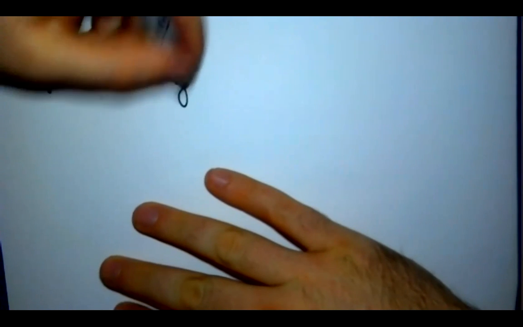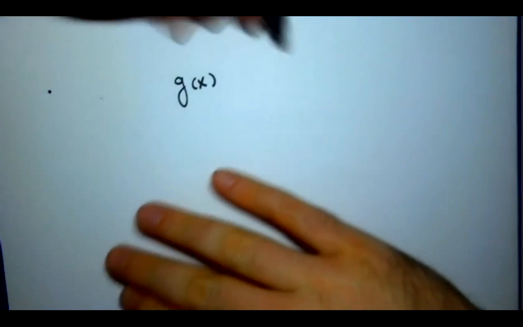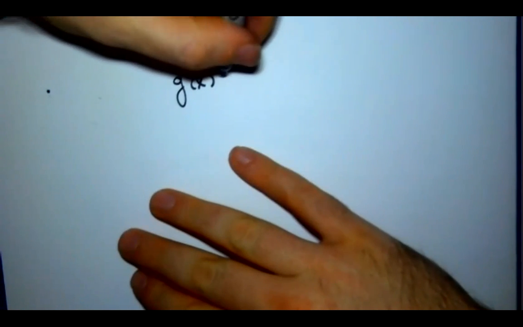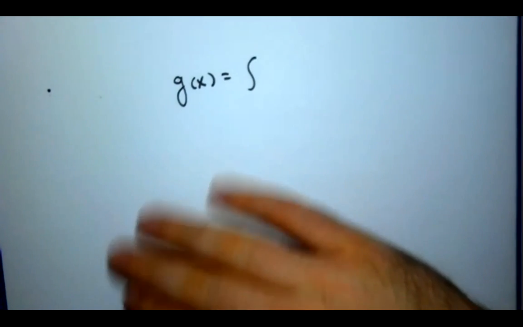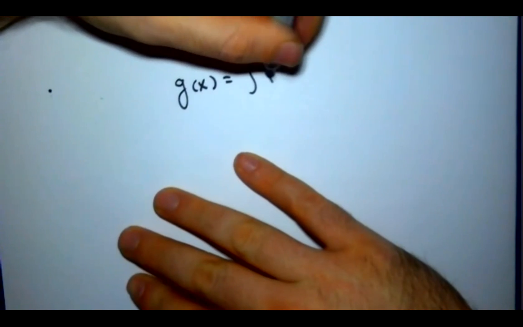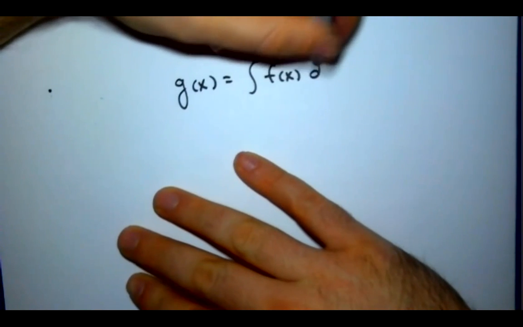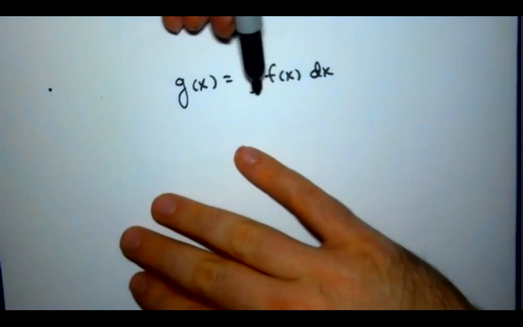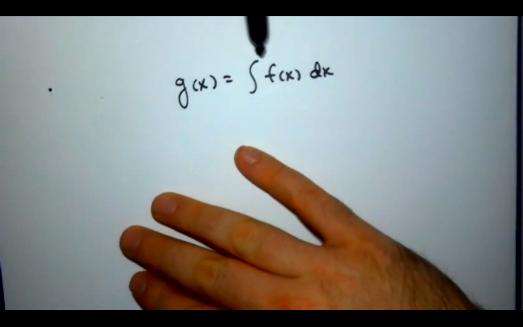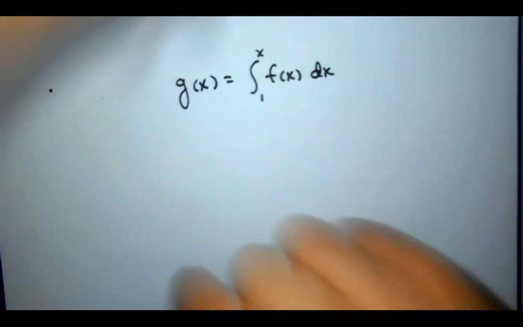All right, so remember how I was talking about derivatives and integrals? They go forwards, they go backwards. So we want to look at the following situation. If I tell you that g of x is equal to the integral of f of x dx from, I don't know, x to 1 or something, whatever.